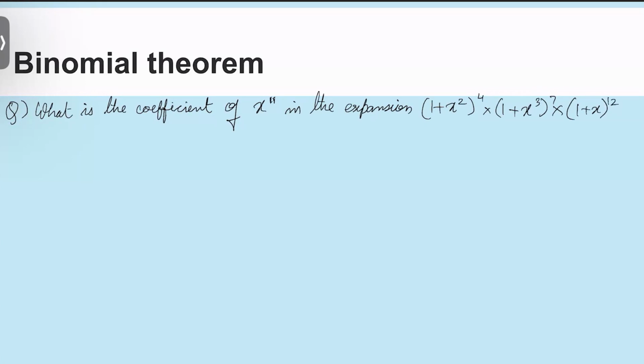Oh sorry, there's a 4 over here: (1 plus x raised to 4) raised to 12.